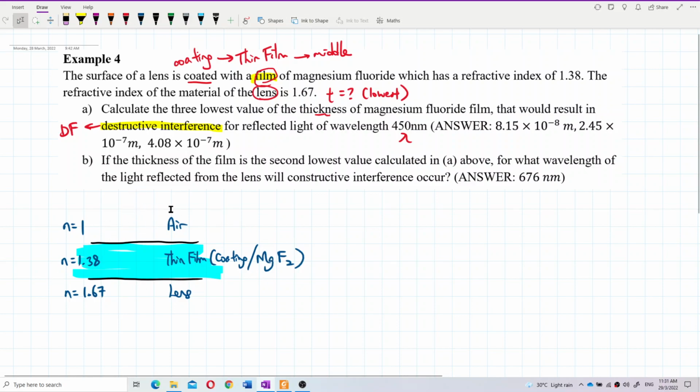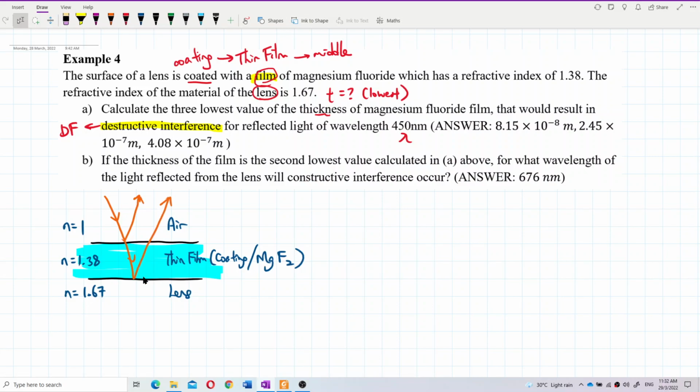That's why we need to draw out this structure first, then draw the rays, and then we can see whether it is two in-phase sources or two anti-phase sources. There's a ray coming in, one light is reflected, and another light goes through the thin film, and this one is also reflected out.